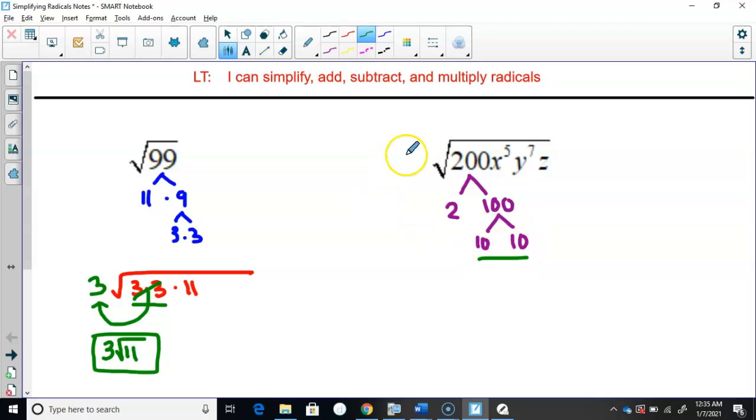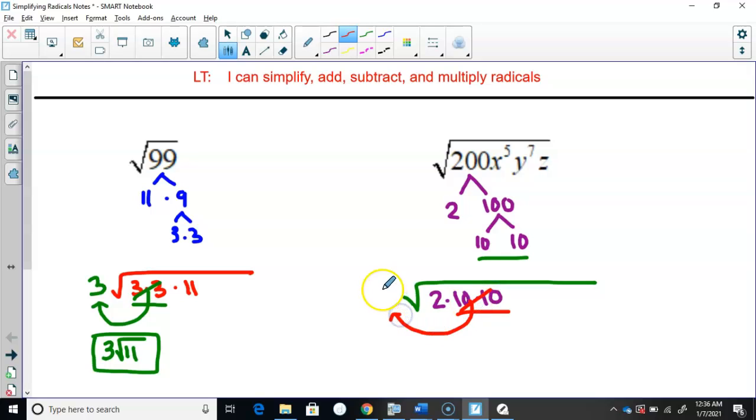Then I can bring that 10 outside. I'm not going to do it yet because I like to rewrite everything under the root like I did over here. So I know that 200 is 2 times 10 times 10. I have one pair of 10s, so I'm going to bring that 10 to the outside.